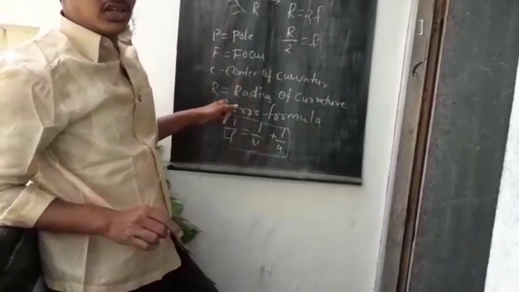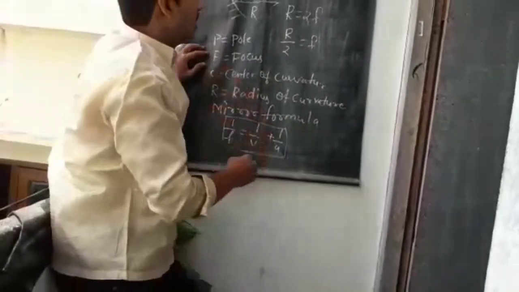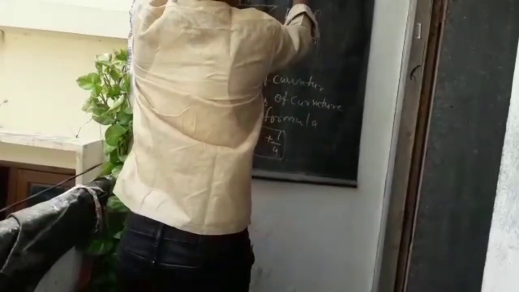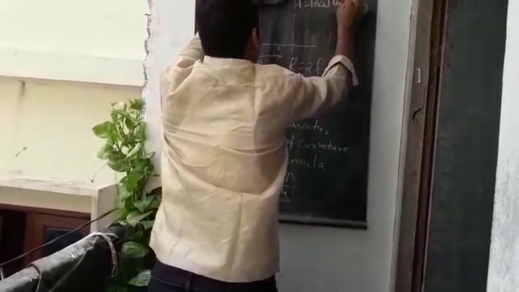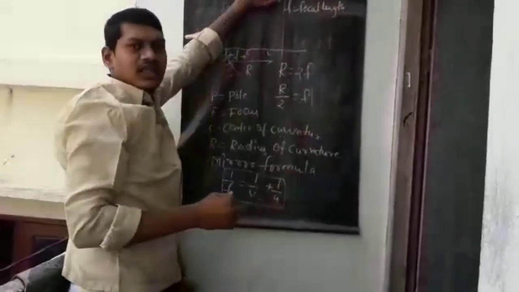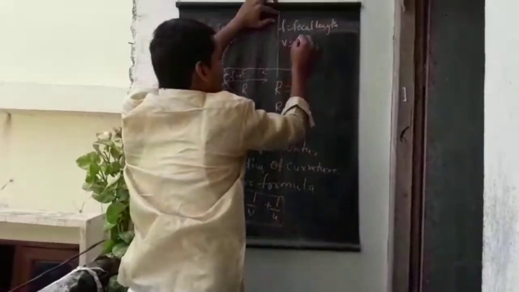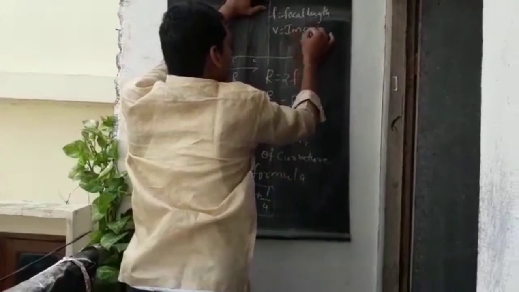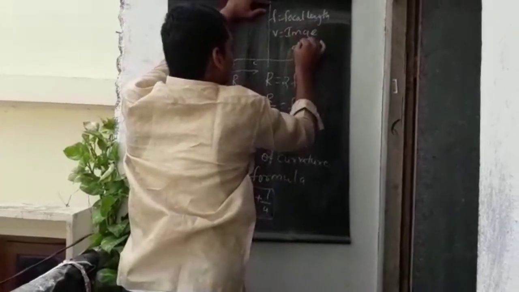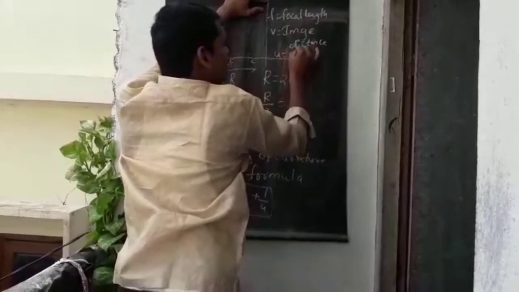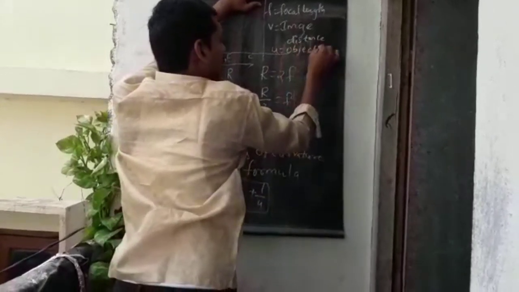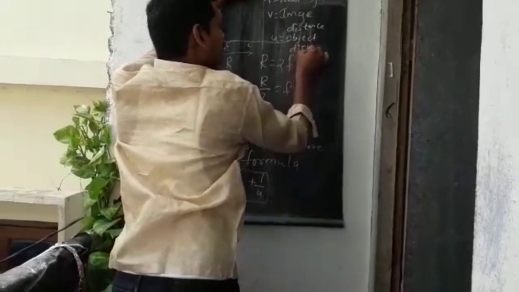Where f stands for focal length, v stands for image distance, and u stands for object distance.